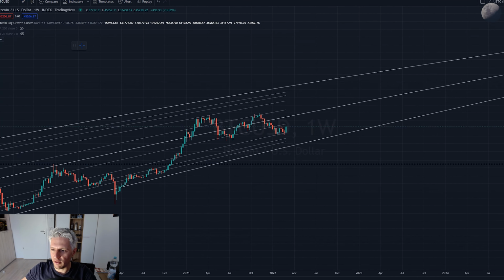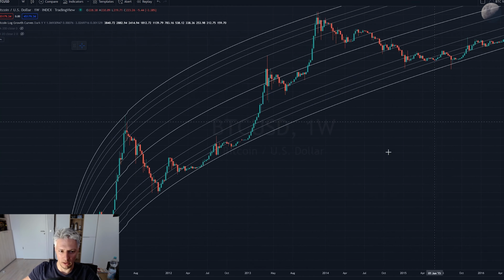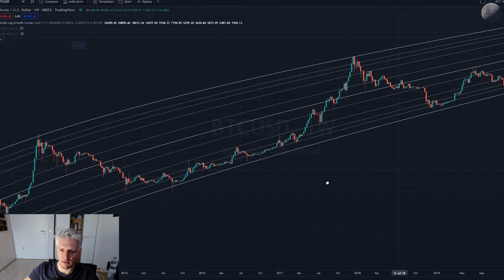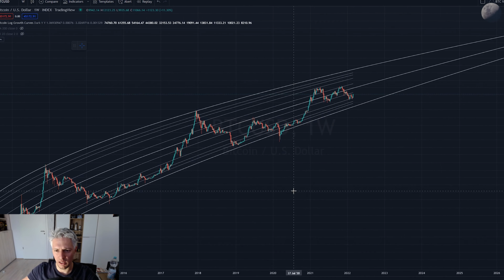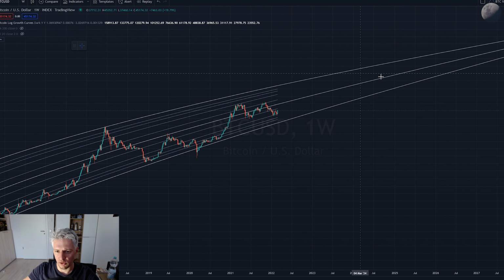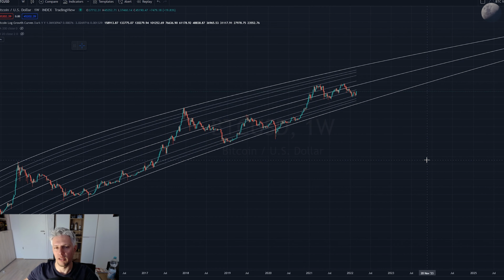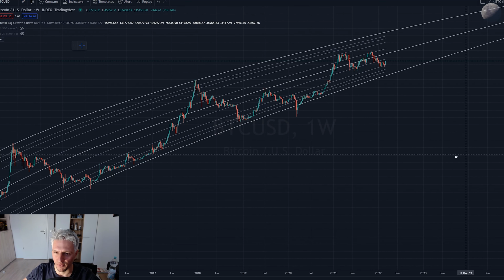So we can say that, okay, in a few years, if this trend continues, which, let's take a look here, since Bitcoin has been created, it has been following this trend line of diminishing returns very nicely. And if this continues, then we can say the price in a few years will certainly be a lot higher than it is now. That we can say. But what Bitcoin will do next week or in 3 days is random chaos. That's random fluctuations. No one can tell you what will happen.